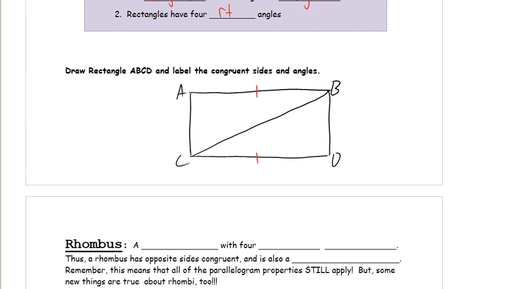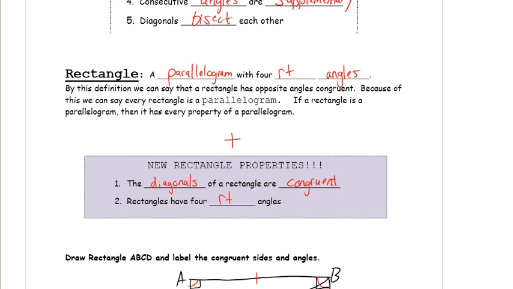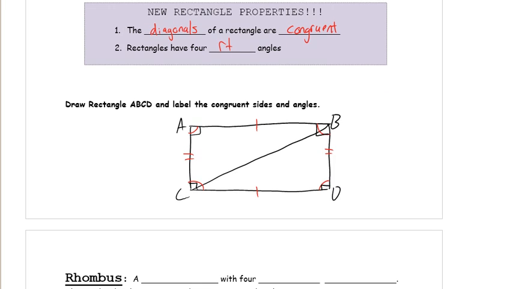Opposite sides congruent, opposite angles are, actually I guess I should mark those all the same, would make more sense since they're all 90. Okay, so we know that. And with that, I'm going to mark this as a right angle like I should have at the beginning. So we know that. We know opposite sides are parallel, and we can go ahead and mark that.